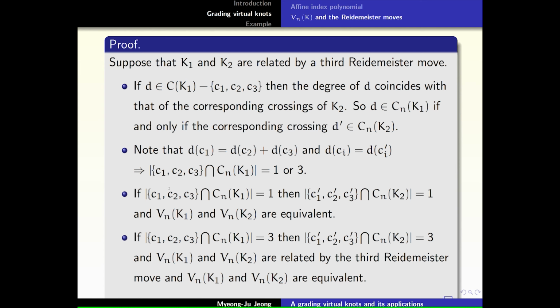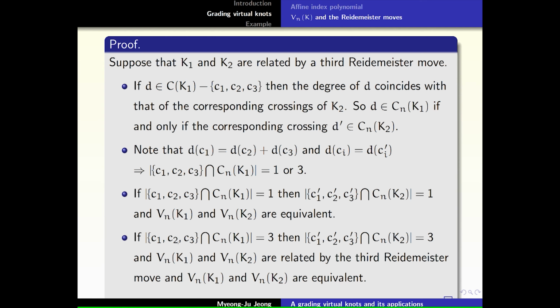At first, if we consider this case, then we can see that actually V_n K1 and V_n K2 are equivalent because if the chord is C1, then C2 and C3 will be removed in this virtual knot, and C2 prime and C3 prime will be removed in this diagram.